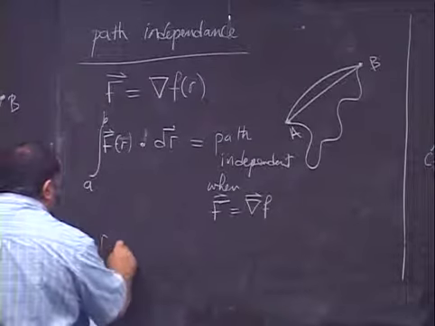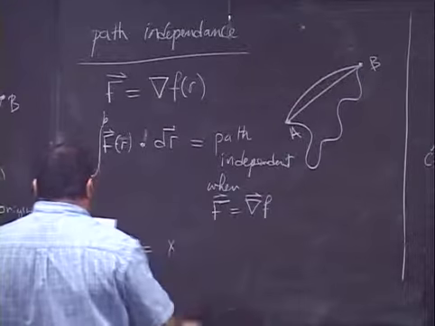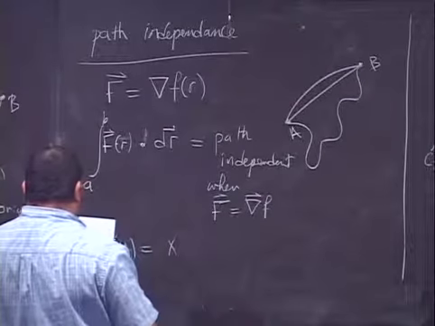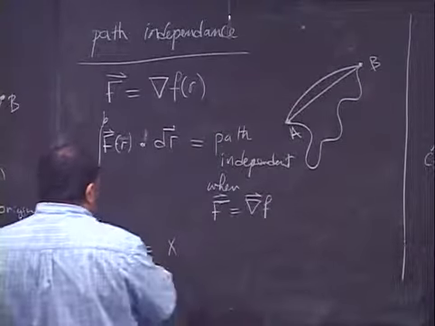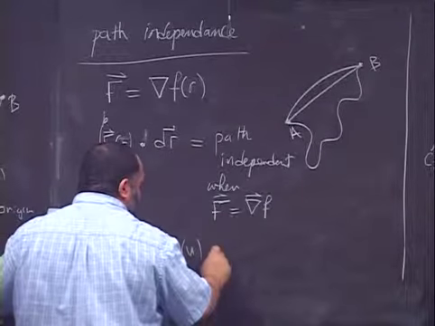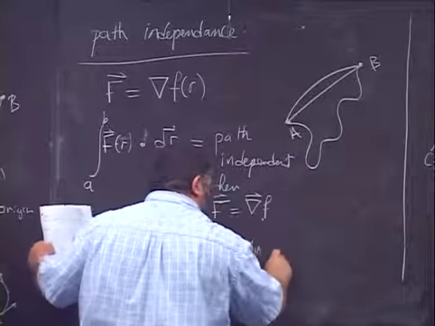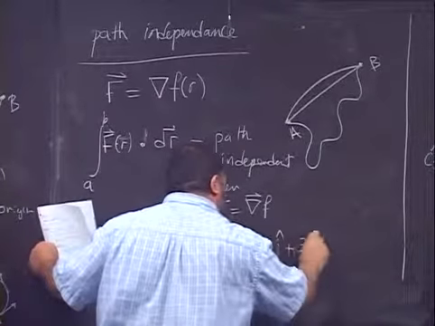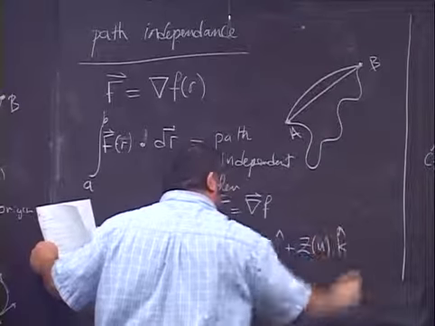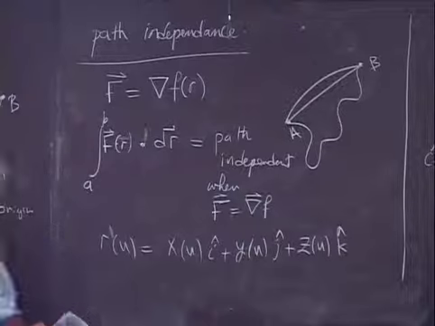R prime of u, we just wrote R prime of u, it's what? Let's look at R first. So this is x of u in the direction of i plus y of u in the direction of j plus z of u in the direction of k. Okay, guys? What's f dot dr?